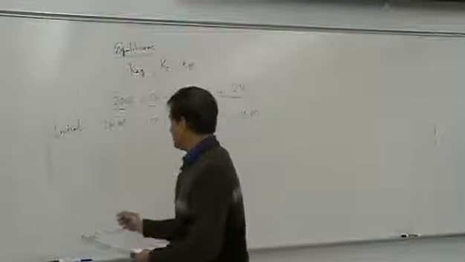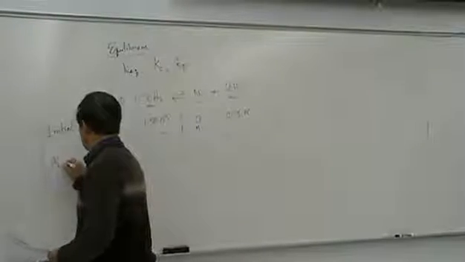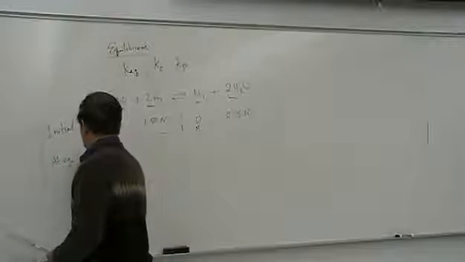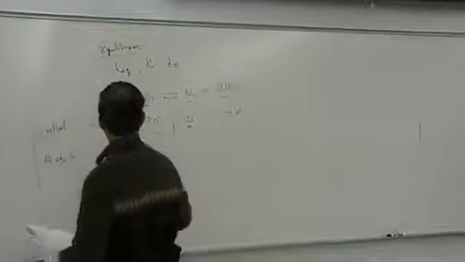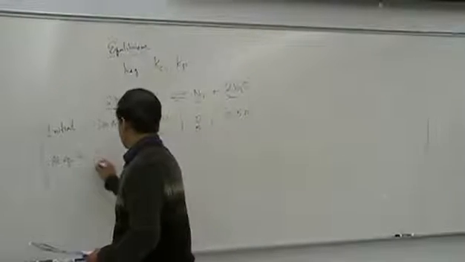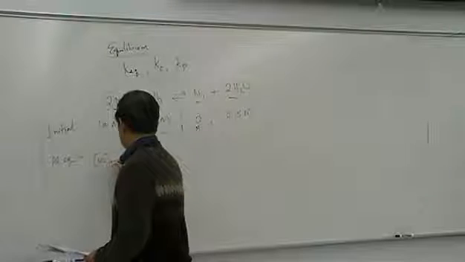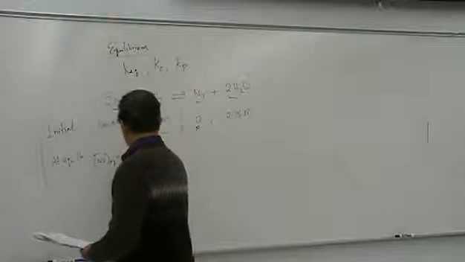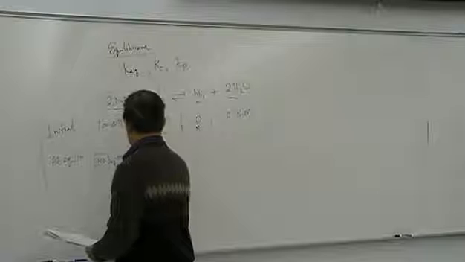Now we're saying that at equilibrium, that means you let it react. When it reaches equilibrium, the concentration of NO, so let's put down NO at equilibrium, equals 0.032 molar.